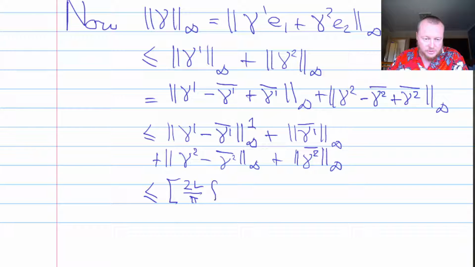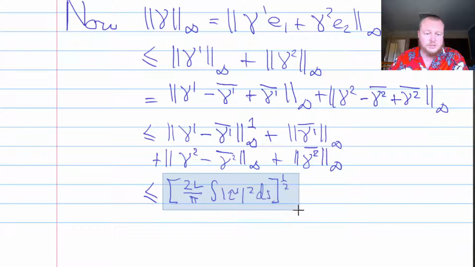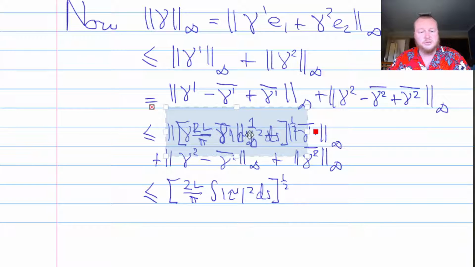And now what is the derivative of this first one with respect to arc length? It's the component of the tangent vector, tau 1 squared ds, and then we can't forget to take our square root. And then it's exactly the same thing for this second one, except instead of the first component, it's the second component.